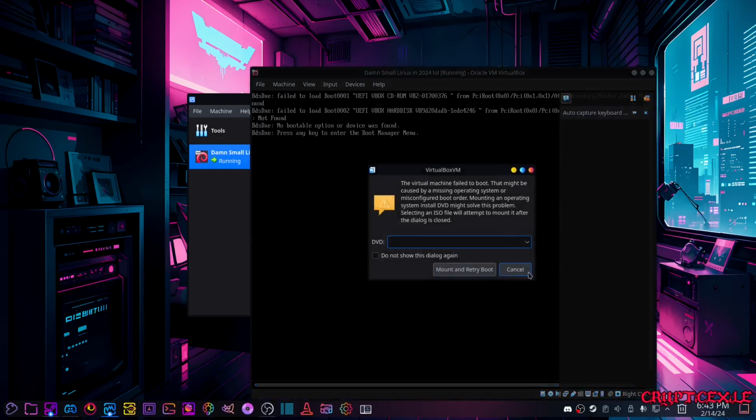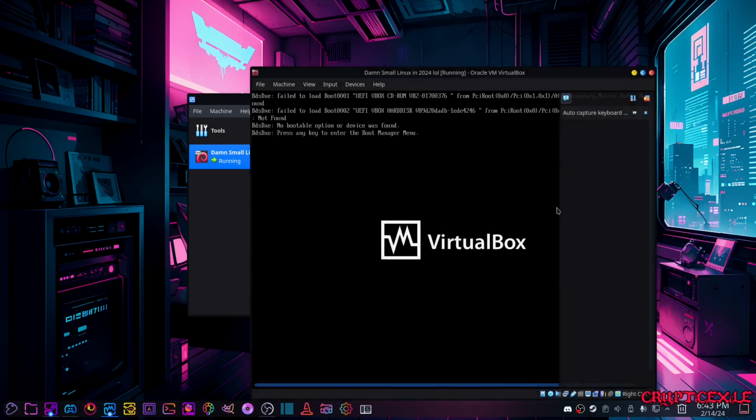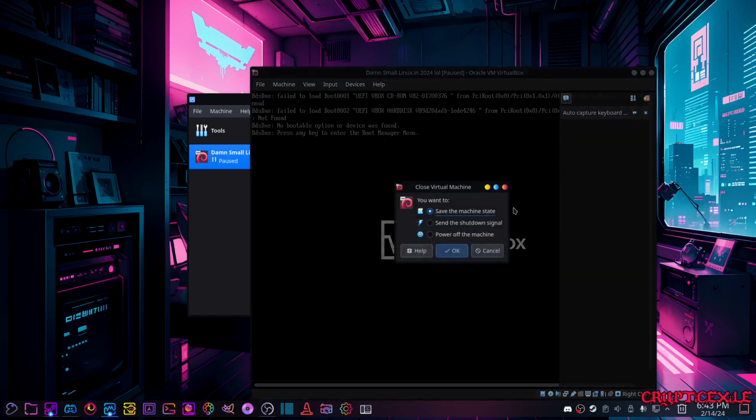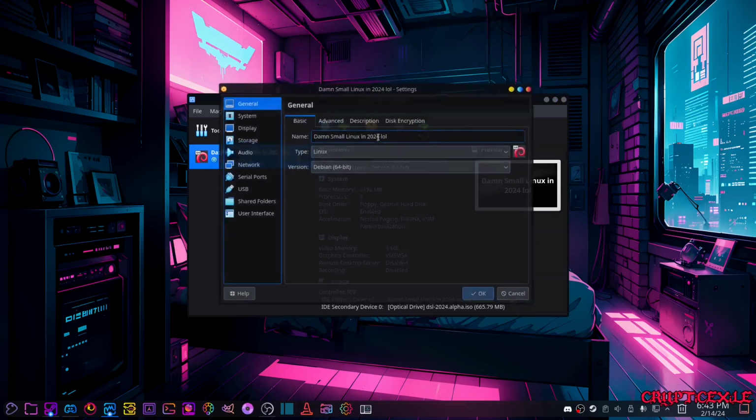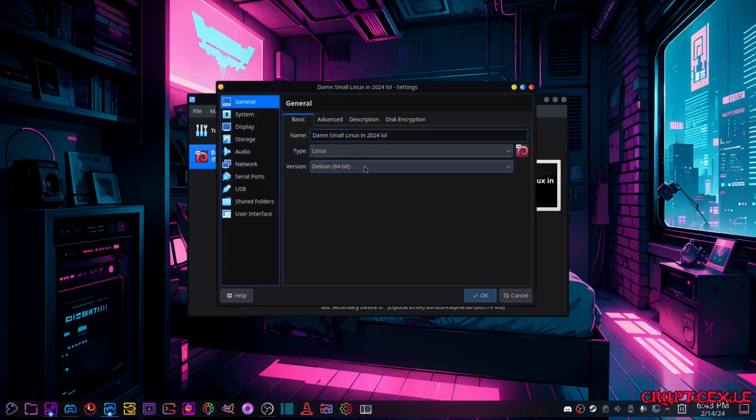So it does not work. Okay, I'm going to just power this off. So it does not work with Debian. Isn't it based on Antix? Antix usually uses... isn't it based on Debian? I thought it was.